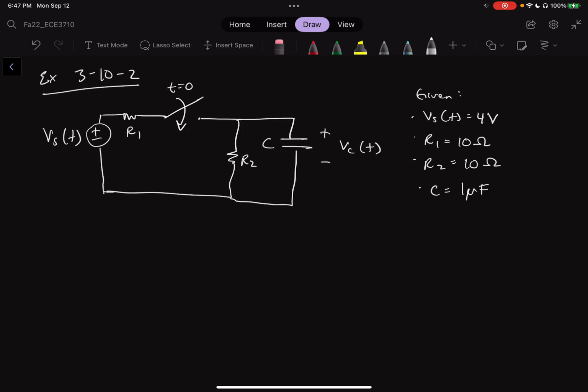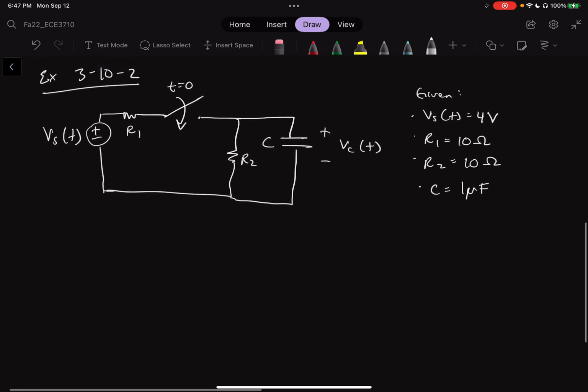And assume that the capacitor is fully discharged prior to t equal to 0.